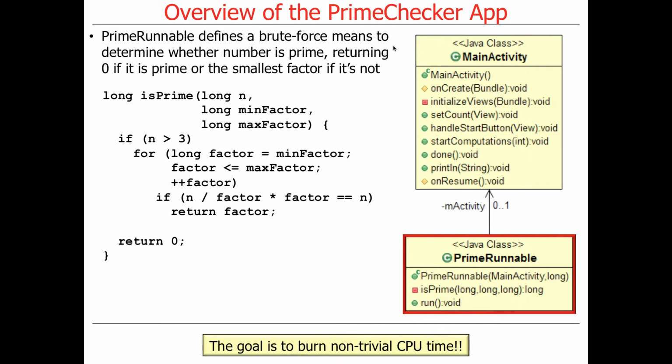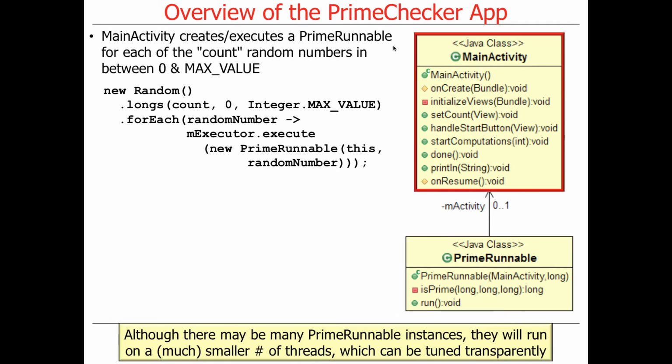If it gets the number back, it's not prime, right? If you go through all of the factors from 2 to n over 2 and it never returns the number, then it's a prime number. Again, this is not the world's smartest prime number checker. If you take a look at Wikipedia, you'll see lots more insightful and efficient ways of checking for primality. But I just wanted to have something that would burn some CPU time and do something interesting.